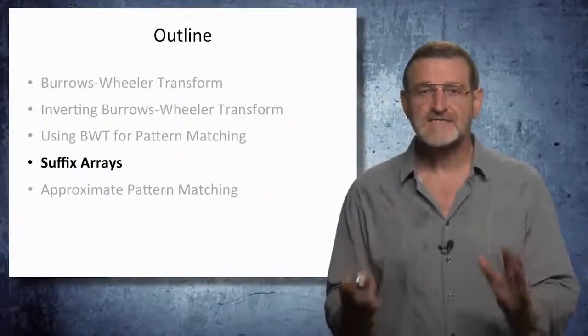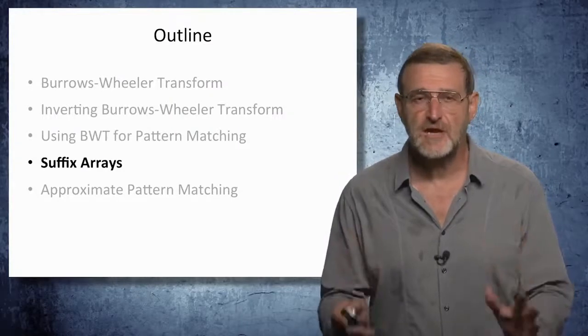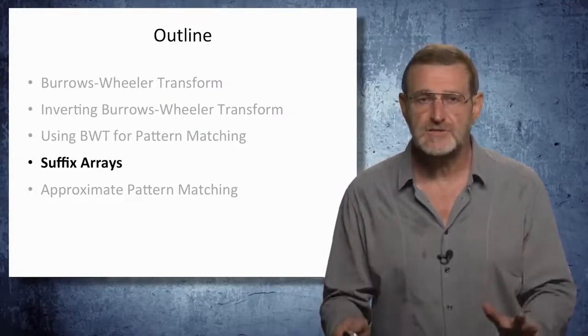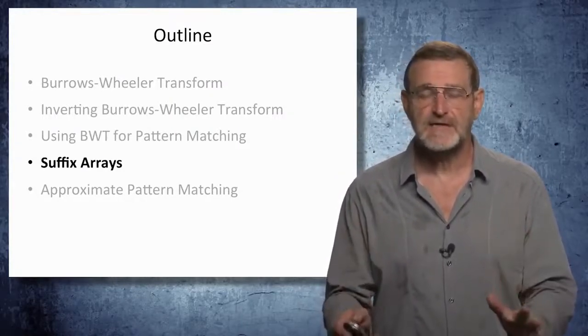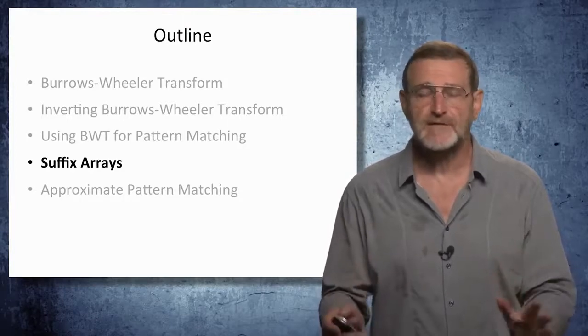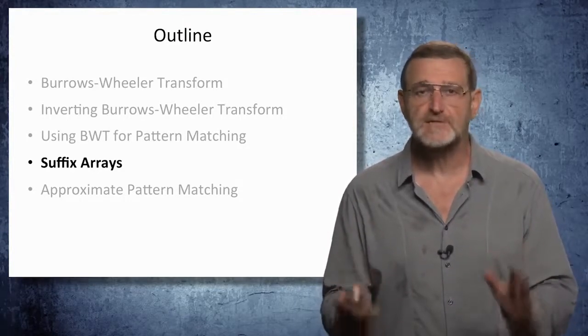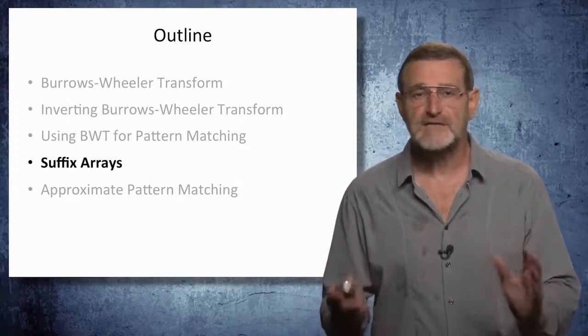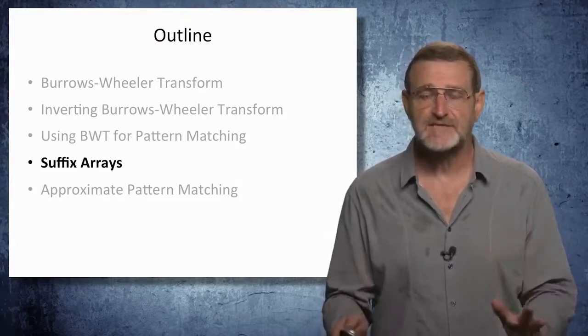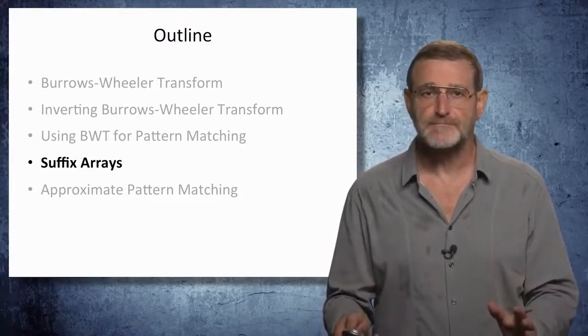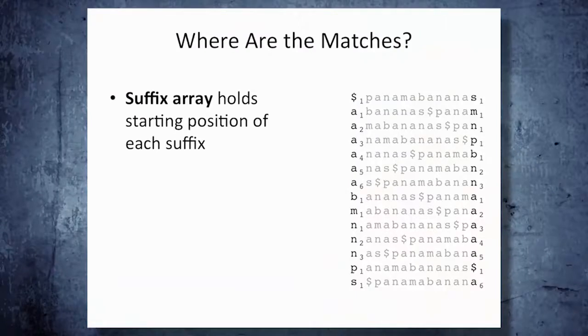At the end of the last lecture, we faced the challenge of finding positions of the pattern in text when we try to develop pattern matching with the Burrows-Wheeler Transform. Now I will explain how we will use suffix arrays for solving this problem. A suffix array simply holds the starting positions of each suffix.